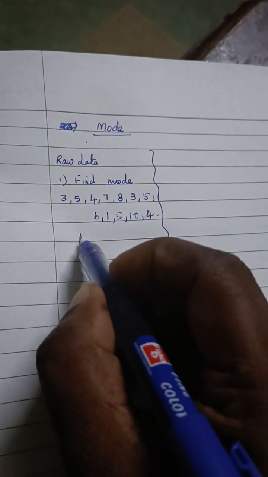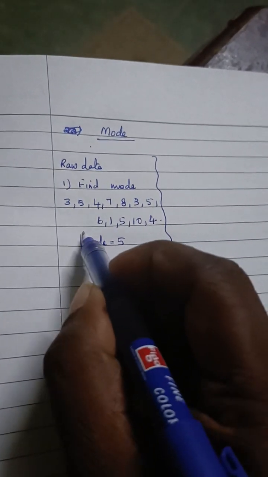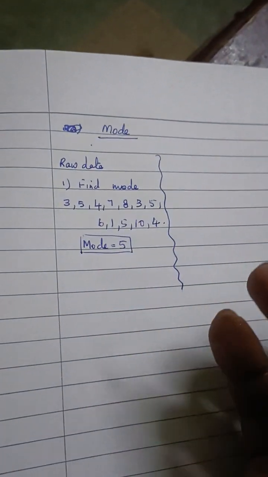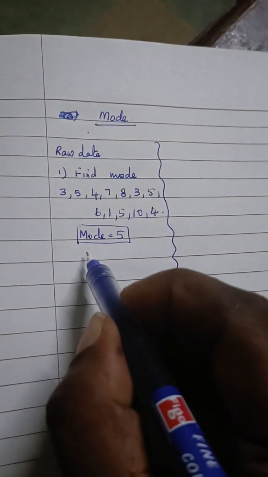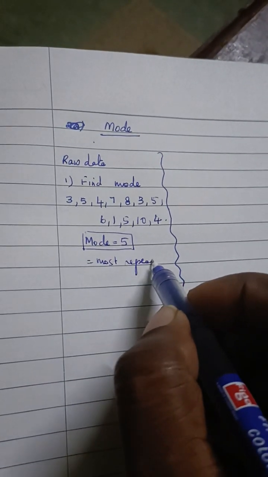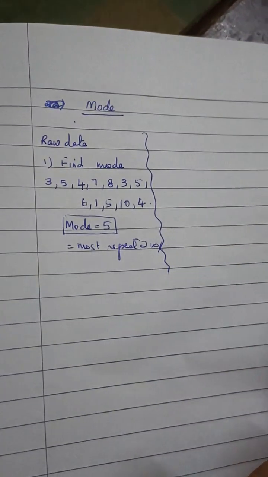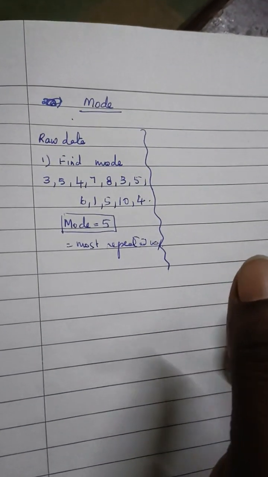Therefore the mode is 5. Simple. This is the definition of mode: the most repeated number. Very simple, direct method.